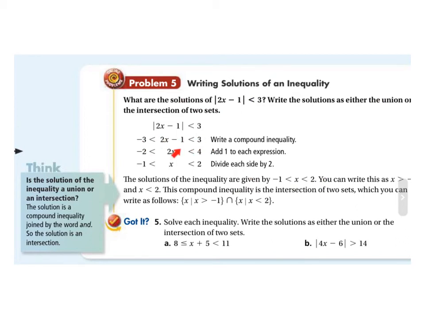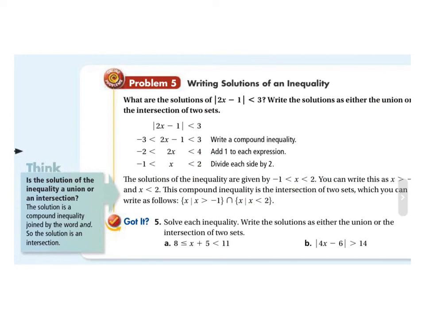So add your 1, divide by 2, so we know the answer is between -1 and 2. So we can write that compound inequality as an intersection because it's an and. So x such that x is greater than -1, right? And x such that x is less than 2.